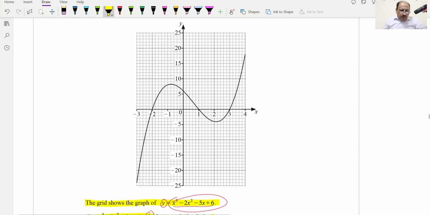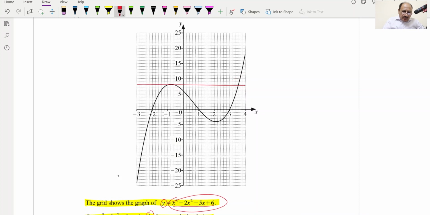To find the value of k, we will be drawing two lines, and the first line will be over here. You can see this line is intersecting the curve at two locations. One is this one and the second is this. So this is having two solutions, and this line is what?